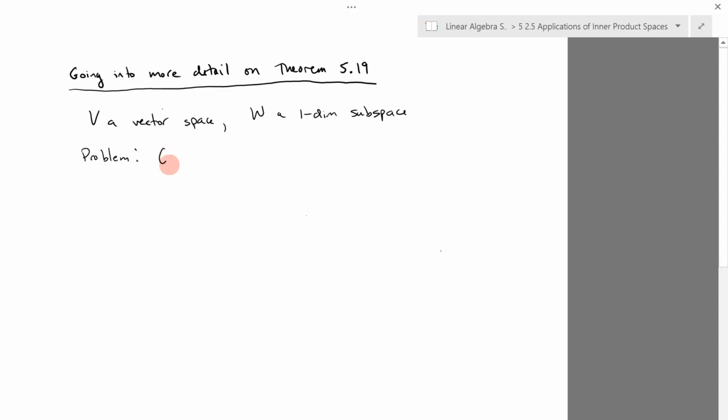So given a vector in V, we want to find x in W such that it's the least squares approximation, right? So that the norm of V minus x squared is minimized.